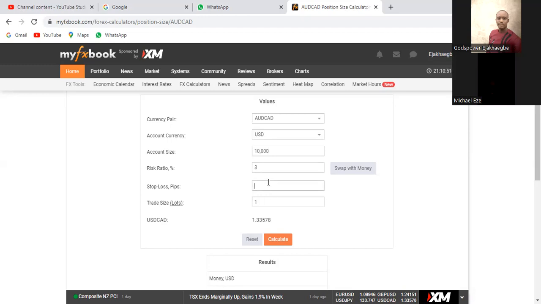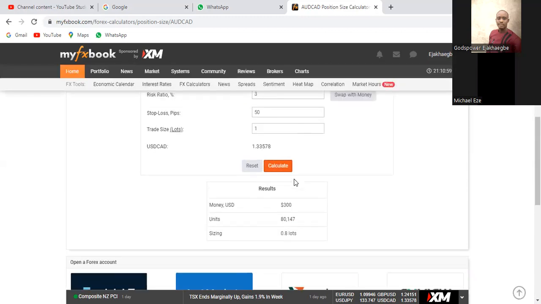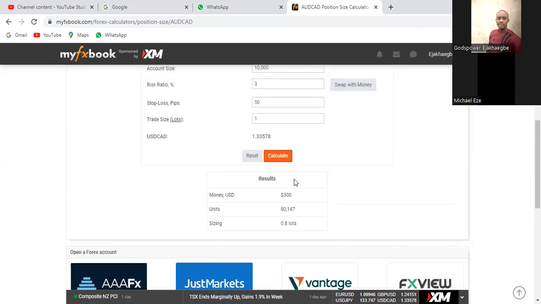Keep stop loss 50, and I calculate. 3% of $10,000 is $300. The unit is 80,147, and the lot size is 0.8.